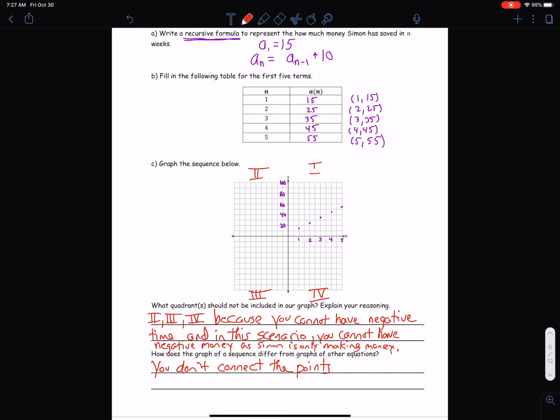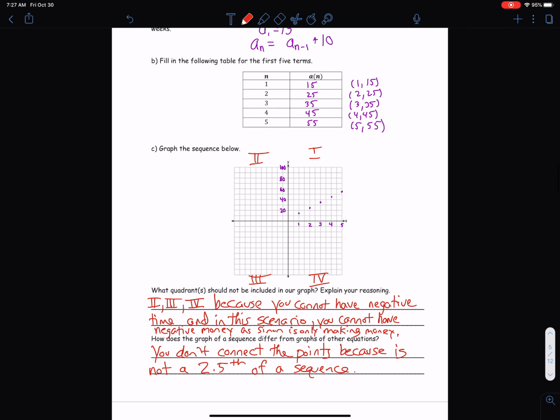And why is that the case? Well, think about that for a second. It's because there is not a decimal term. Like there's not a 2.5th term of a sequence. There's only the first, second, it's only whole numbers, third, fourth.